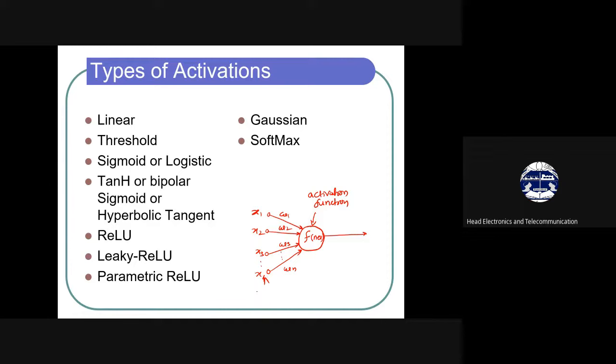So what I do, I take this x1, I multiply with w1, then I take x2, I multiply with w2, and so on up to xn wn. This total sum is called the net of the neuron. The net input at this location goes to the activation function.